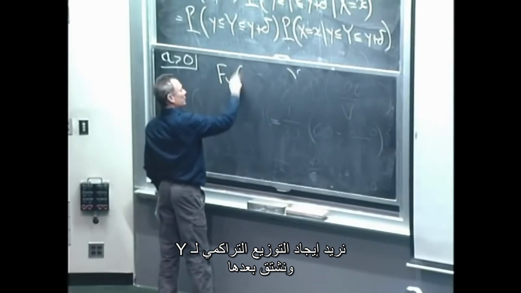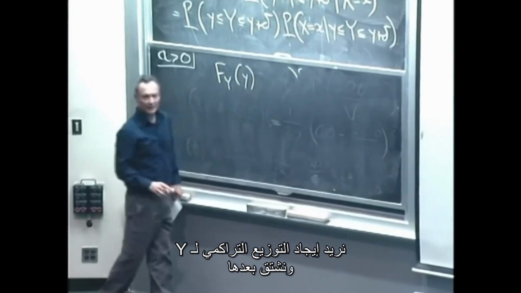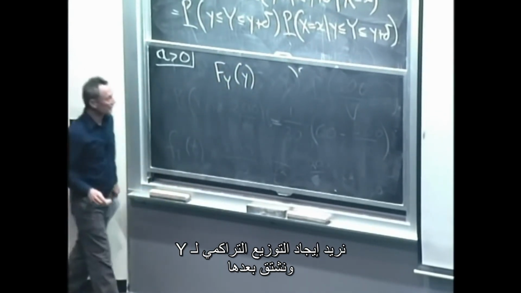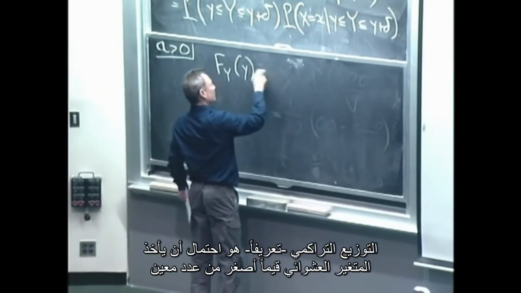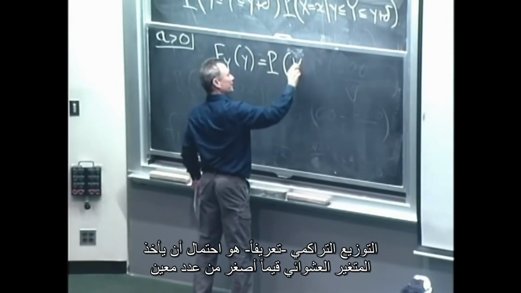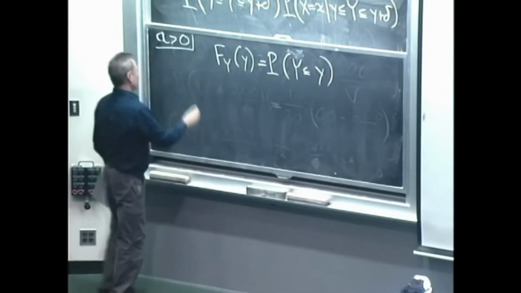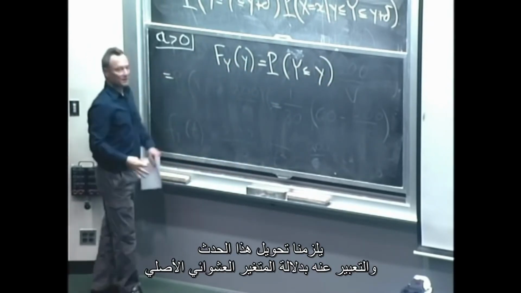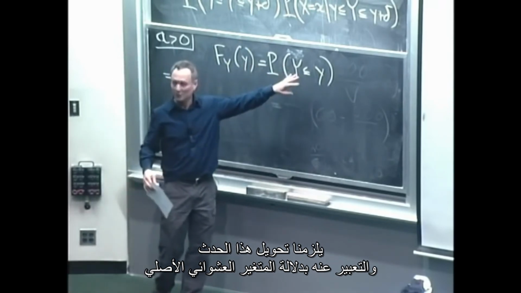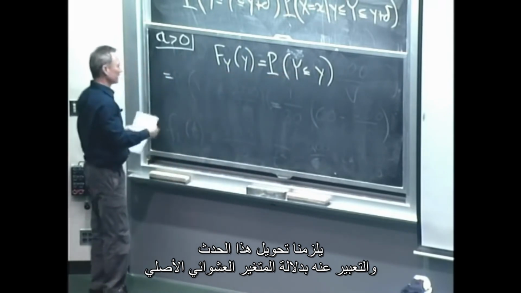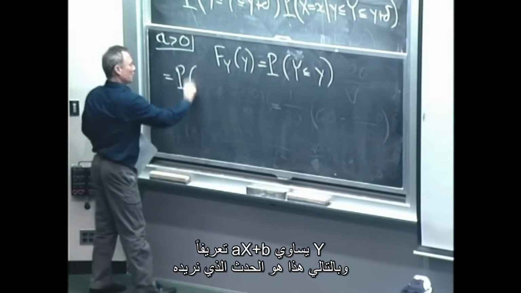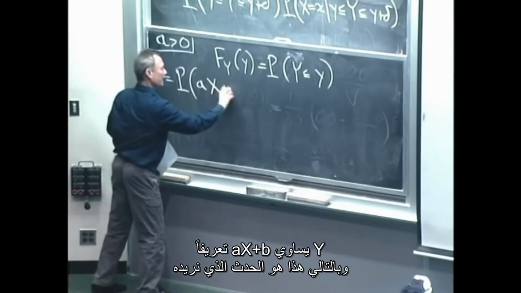We want to find the cumulative of y, and after that we're going to differentiate. By definition, the cumulative is the probability that the random variable takes values less than a certain number. And now we need to take this event and express it in terms of the original random variables. So y is, by definition, ax plus b.